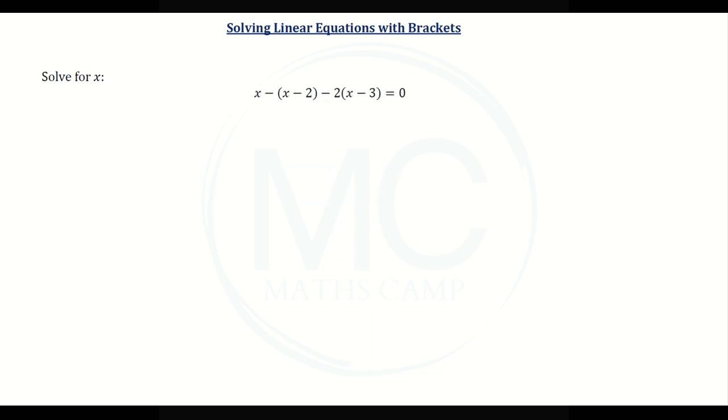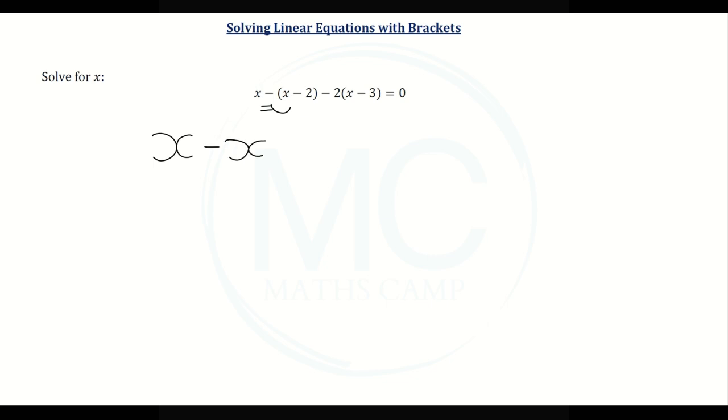Here we have x minus the bracket x minus 2 minus 2 multiplied by the bracket x minus 3. Let's start by expanding these brackets. We have x, so we can say x. Now we have a negative in front of the bracket, which means we need to multiply the bracket by negative 1. Negative 1 multiplied by x gives us negative x.